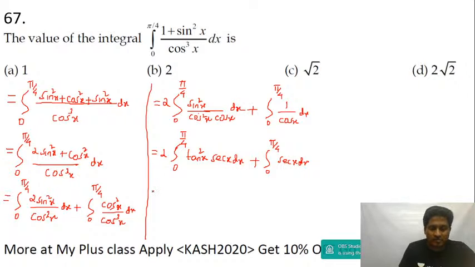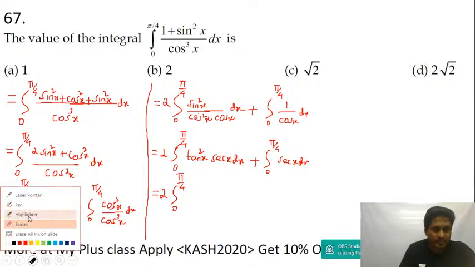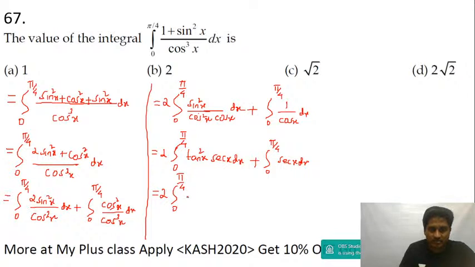So what I'll do is, this is equal to 2 times integral 0 to pi by 4. Just note this step. I'm going to write this as sec x into sec x tan x. Tan square x into sec x can be written as tan x and then sec x tan x.